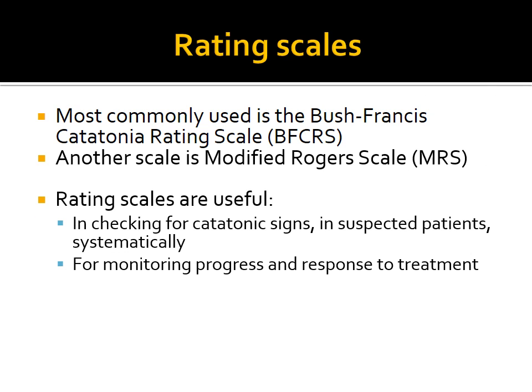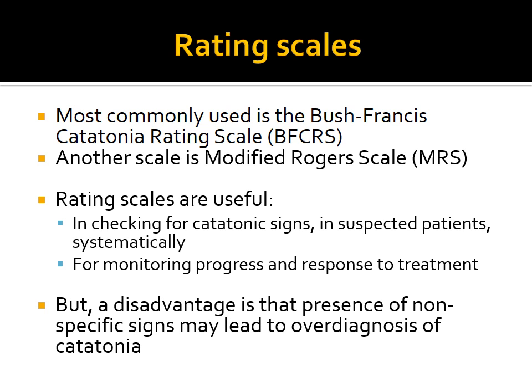And rating scales are useful in checking for catatonic signs in suspected patients systematically and for monitoring progress and response to treatment. But a disadvantage is that the presence of non-specific signs may lead to an overdiagnosis of catatonia.